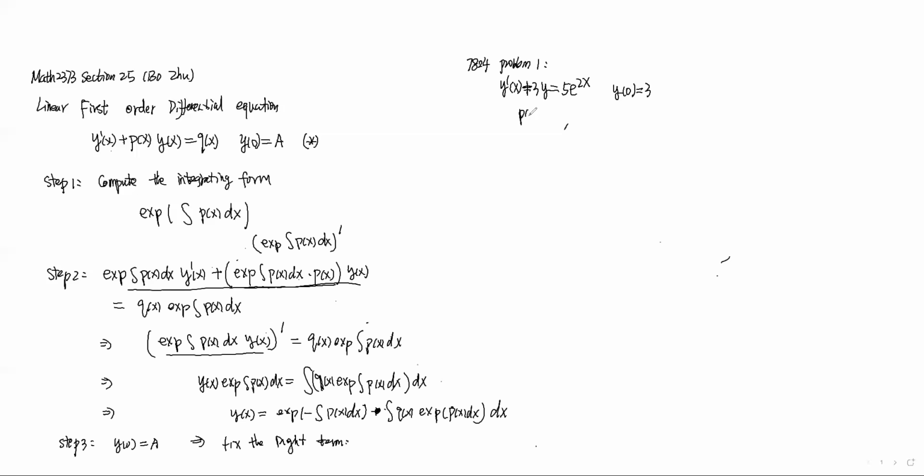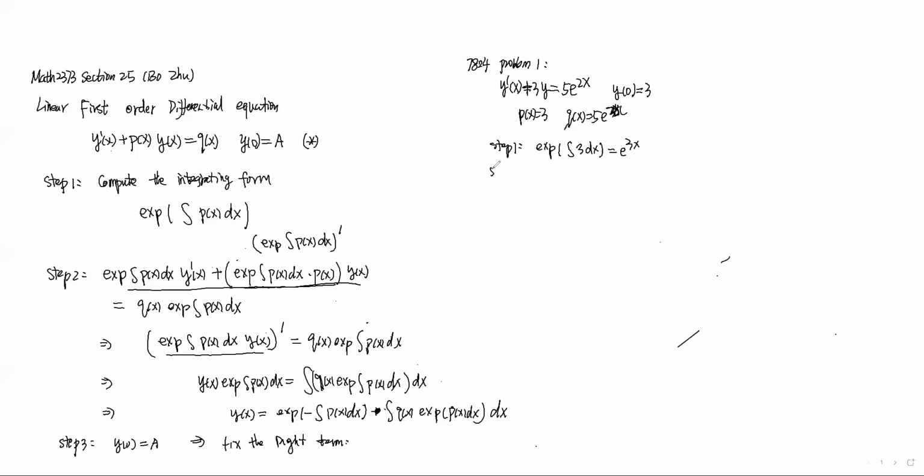First we know p(x) is 3 and q(x) is 5e^(2x). Then step 1: compute the integrating factor e^(∫3dx). This should be e^(3x). I think it's right.